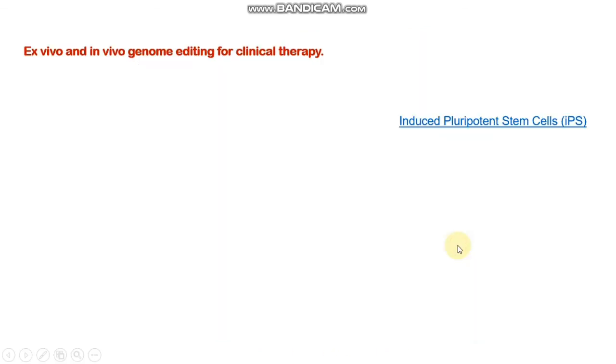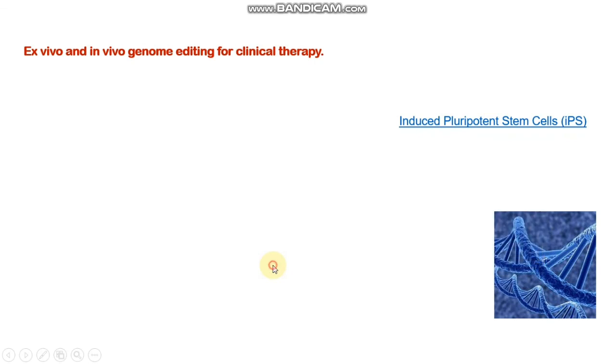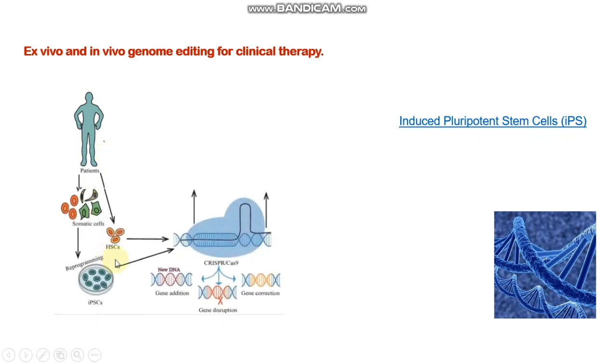Another application is how ex vivo and in vivo genome editing is executed in the clinic, which I'm going to show here. What happens here: first, somatic cells and also hematopoietic stem cells are collected from the patients, and these cells are reprogrammed with CRISPR-Cas9.